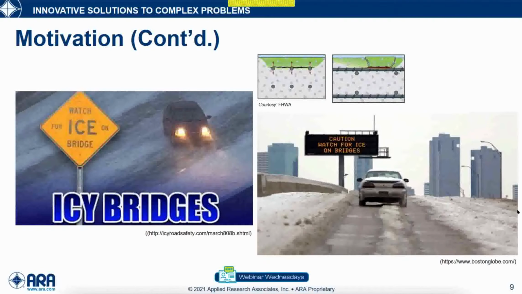Also, as I mentioned, this study was funded by the FAA, but we can also implement the ECON system for bridges. It's a good application for bridges, so we can eliminate accidents due to the presence of ice and snow.